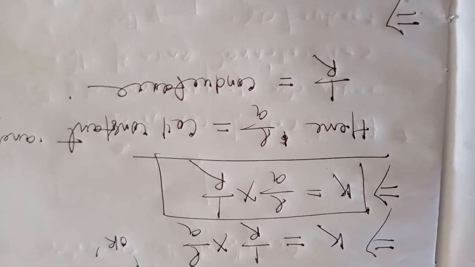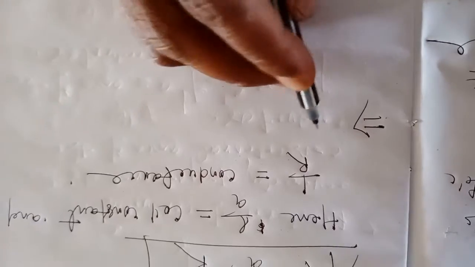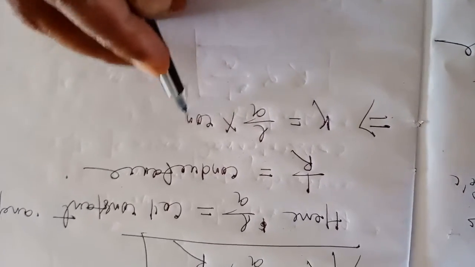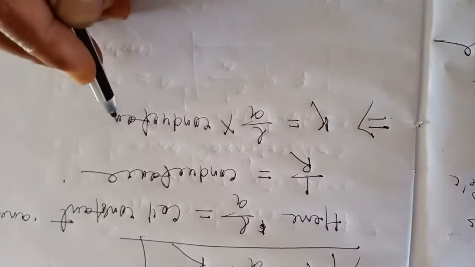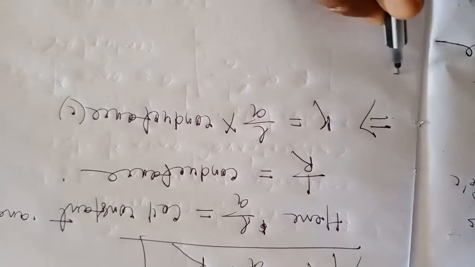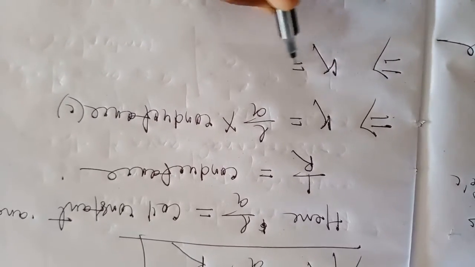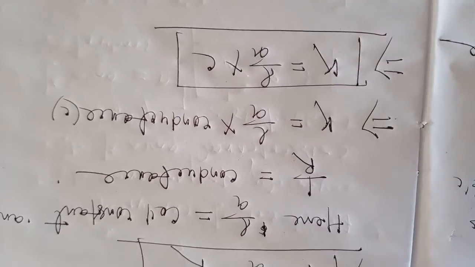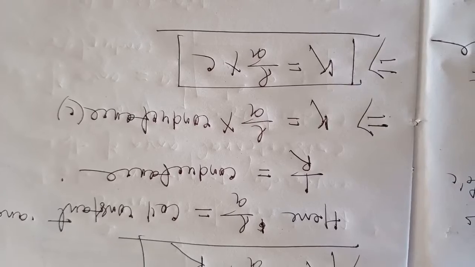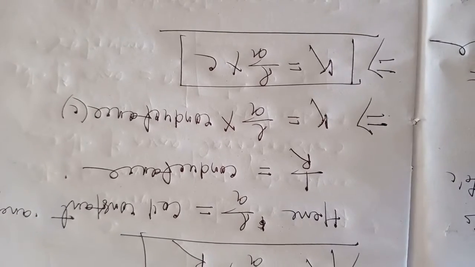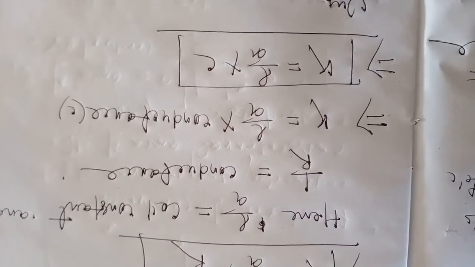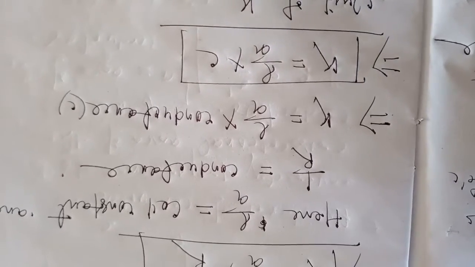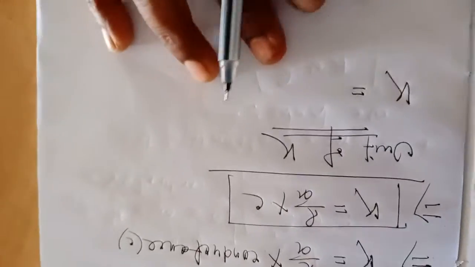That implies K equals L by A into conductance C. Here C is the conductance of the conductor. Now we will study the unit of K.